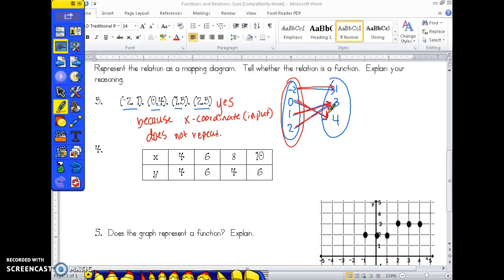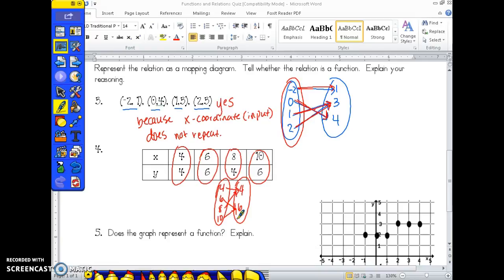Number 4. We're going to do the same thing. We have 4, 6, 8, 10 for our X's, and 4 and 6 for our Y's. 4 is paired with 4. 6 is paired with 6. 8 is paired with 4. 10 is paired with 6.